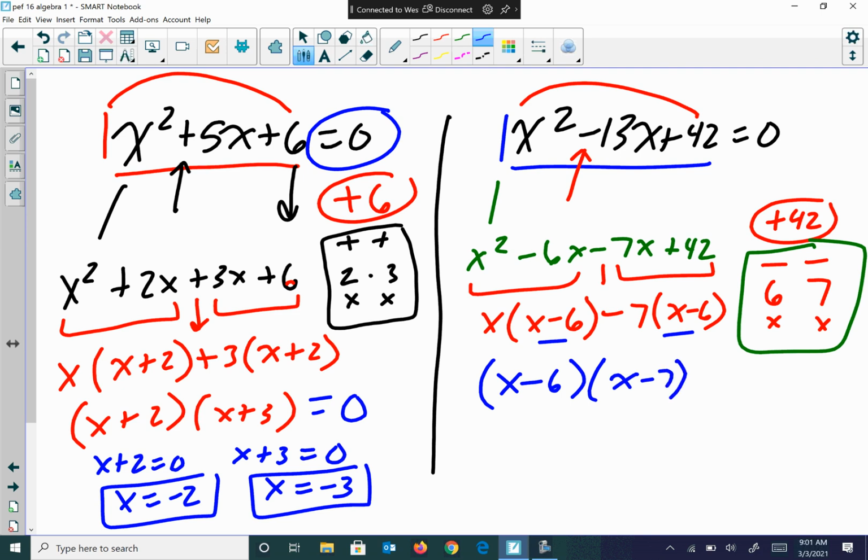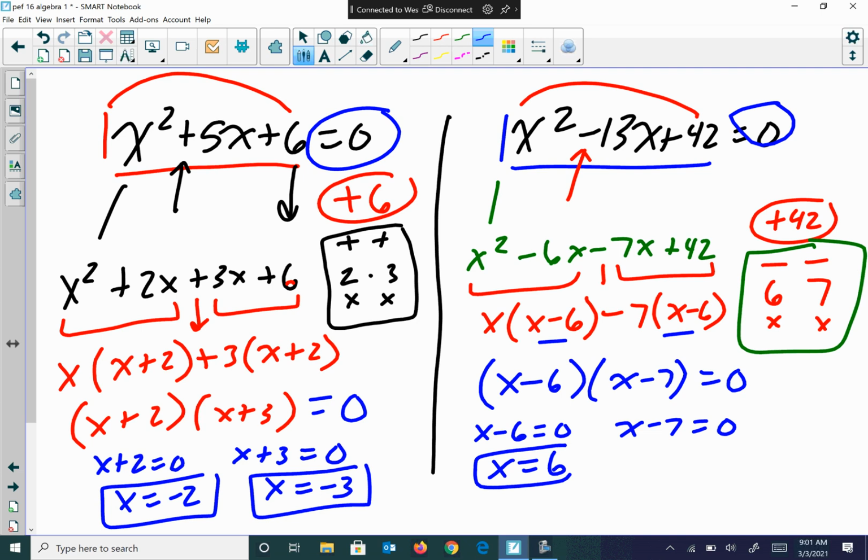Hold your horses. It was equal to 0, so I need to make those equal to 0. And then break them apart, set each of them equal to 0. Add 6. Add 7.